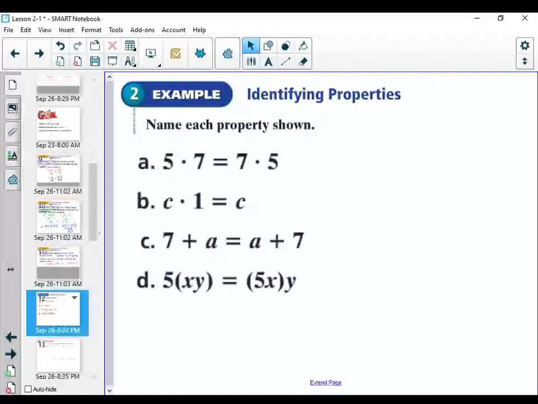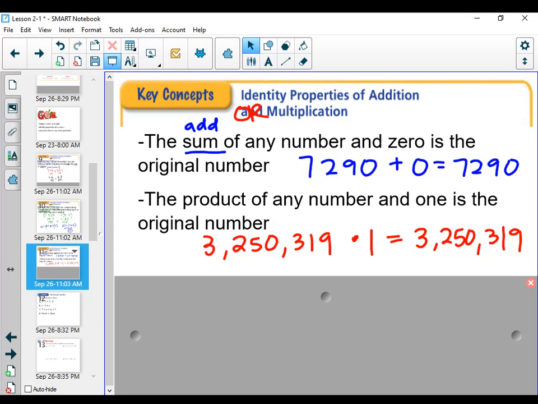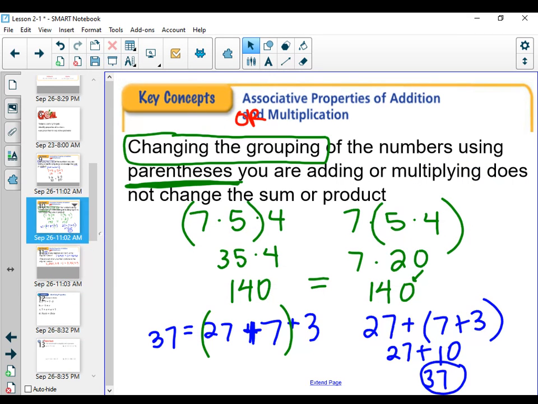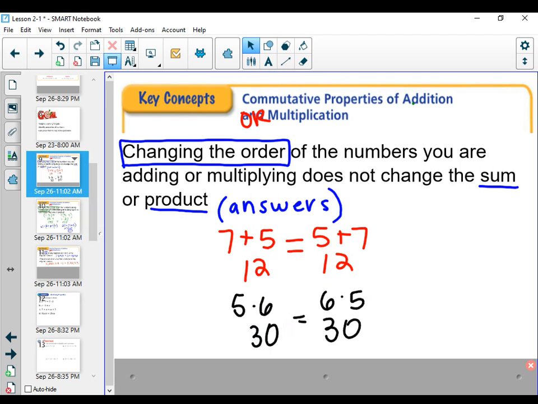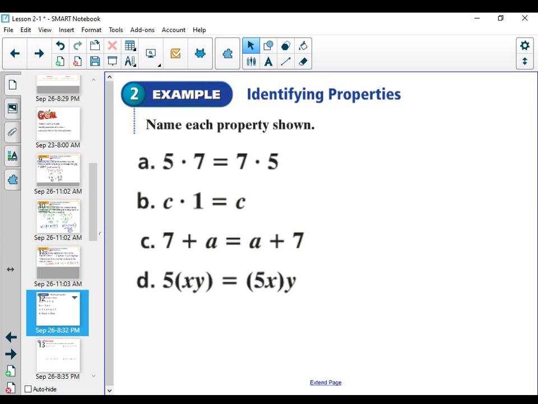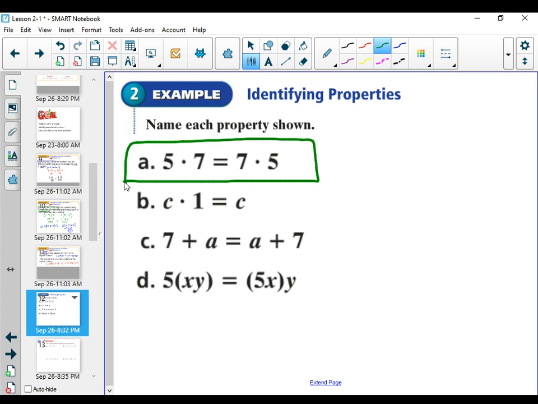So the first goal is to be able to identify which property is which. So part A says 7 times 5 is the same as 5 times 7. You definitely should look back. Is there a plus 0?